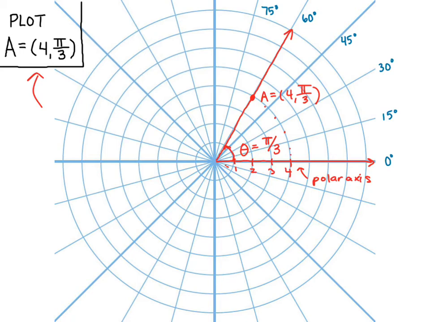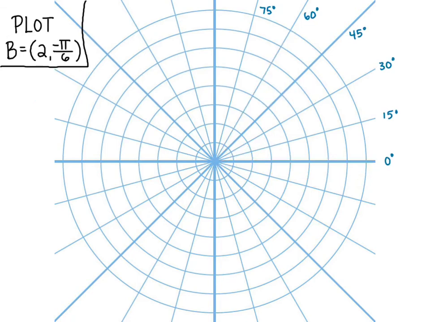All right, so the next point we want to plot is 2, negative pi over 6. So this is going to be a situation where the angle is negative. Everything's in 15 degrees, so negative pi over 6 is going to be right here. This is going to be negative 30 degrees.